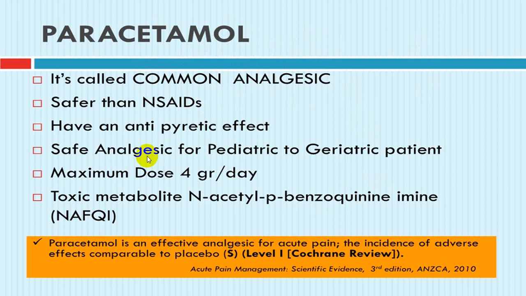It is a safe analgesic for the pediatric group also to geriatric. So that's the reason why the common word is being utilized. Because of safety, a good antipyretic effect, and mild analgesic effect, it can be used at any age, right from the pediatric group to geriatric groups. And the maximum dose, you can go up to 4 gram per day, but never go to 4 gram per day. It is said that 4 tablets of 650 milligram is the maximum dose.